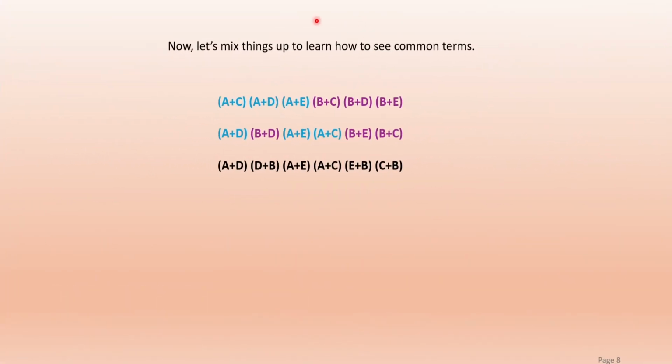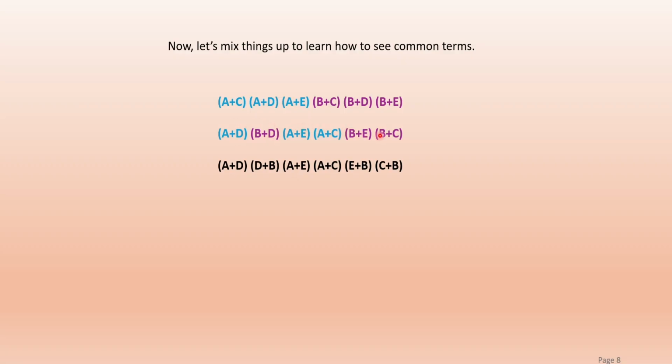Okay, now let's mix things up a little bit to learn how to see common things. So now we are learning how to see. Right? So here we have, again, the same expression, but we're just going to mix them up a little bit. Just put them in a bag and shake them, and drop them out on the table again.